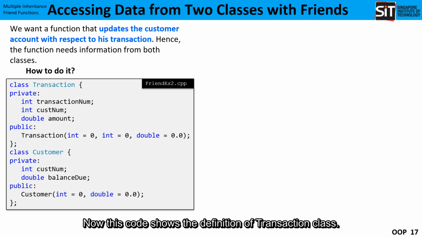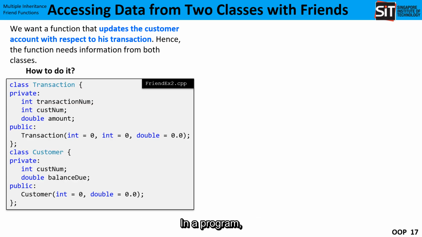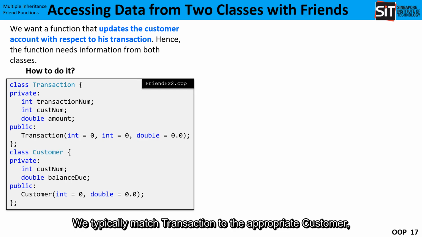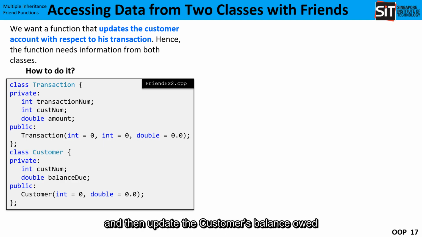Now this code shows the definition of transaction class. In a program, it updates the customer account. We typically match transactions to the appropriate customer and then update the customer's balance owed using the transaction amount.